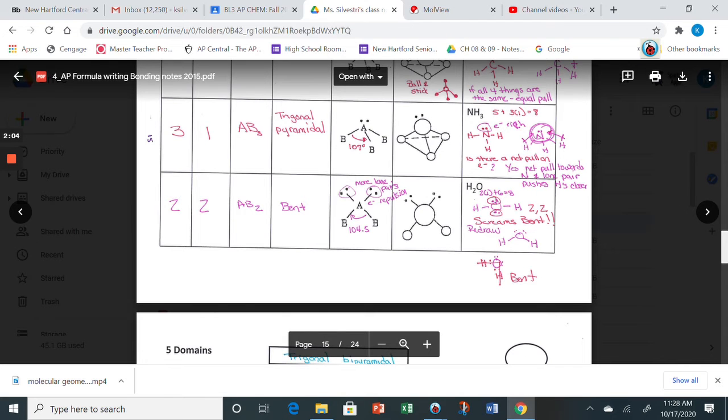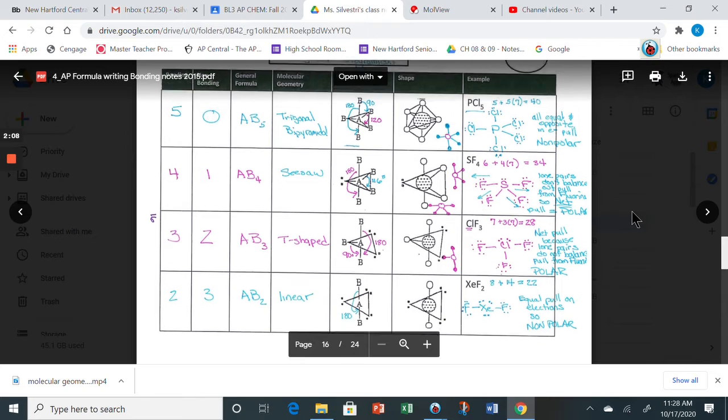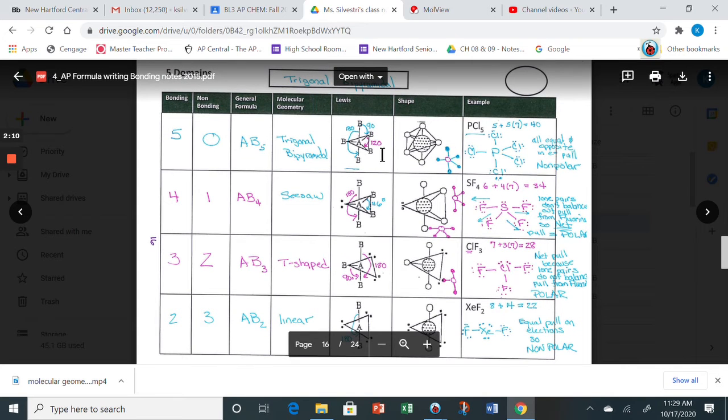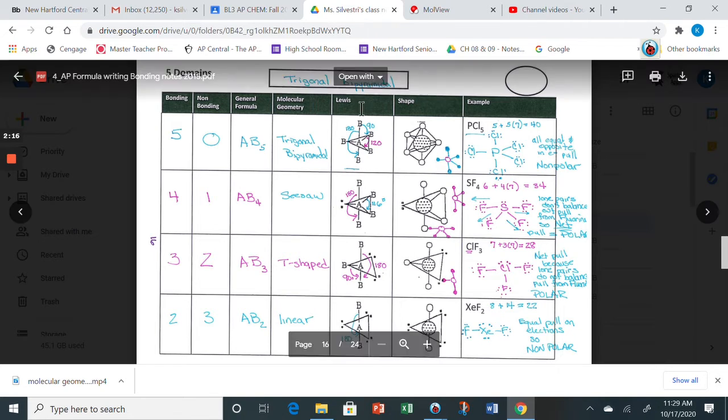The things that come off the top and bottom are your axial, like a north and south pole. So in this structure, you've got the equatorial ones in this plane that is drawn, and then the other ones, the top and the bottom, are in the axial position.